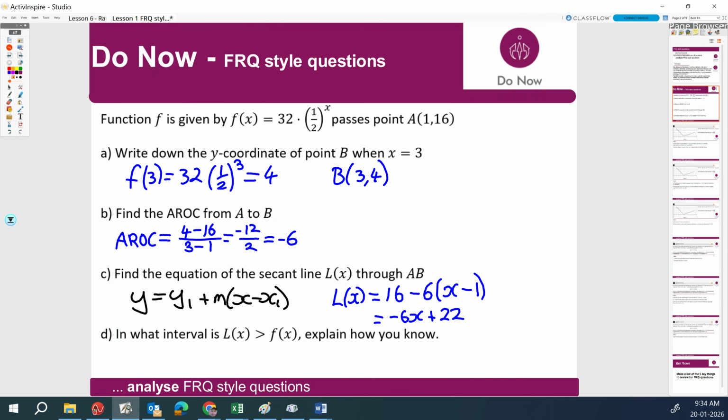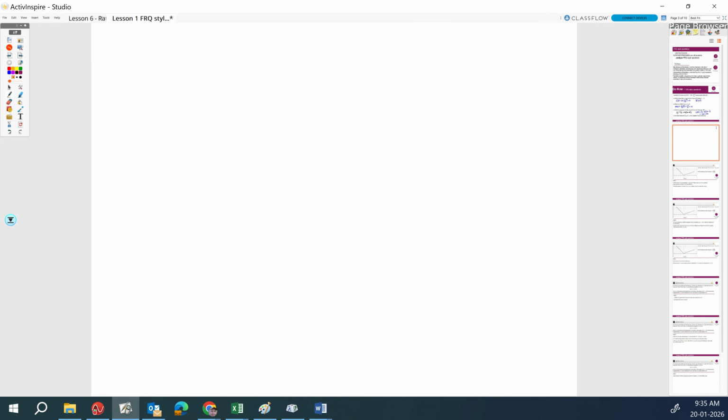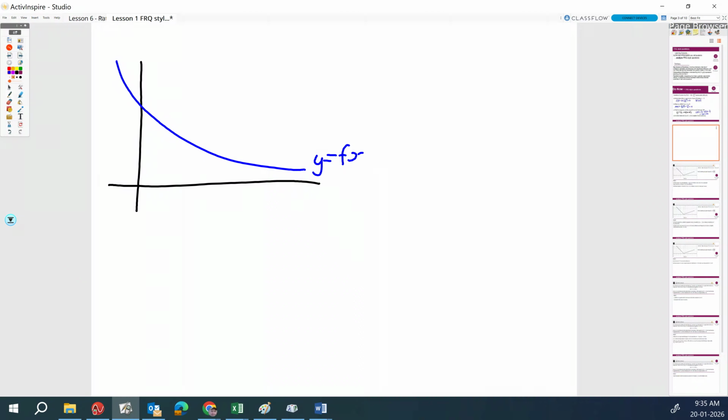In what interval is L of x greater than f of x? Let's put in a few questions to answer this one. We have f of x looking like this. This is the line y equals f of x.